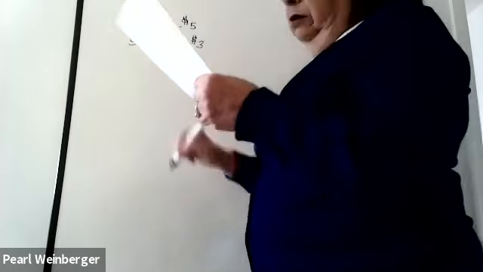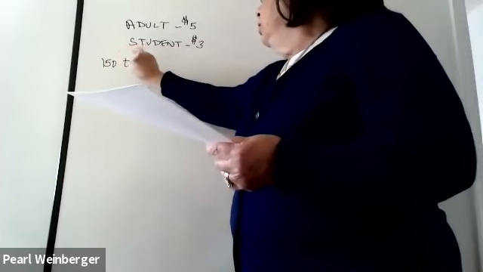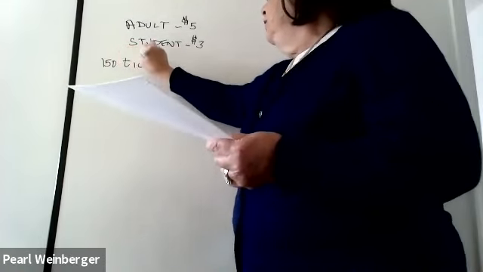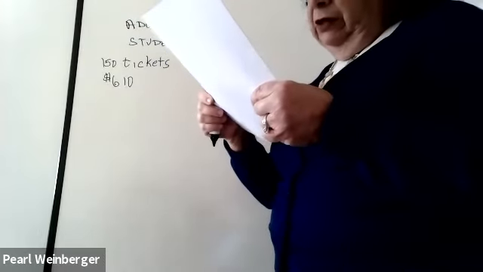If 150 tickets were sold, so a total of 150 tickets were sold, and a total of $610 was what it was sold for. They made $610 for 150 tickets.